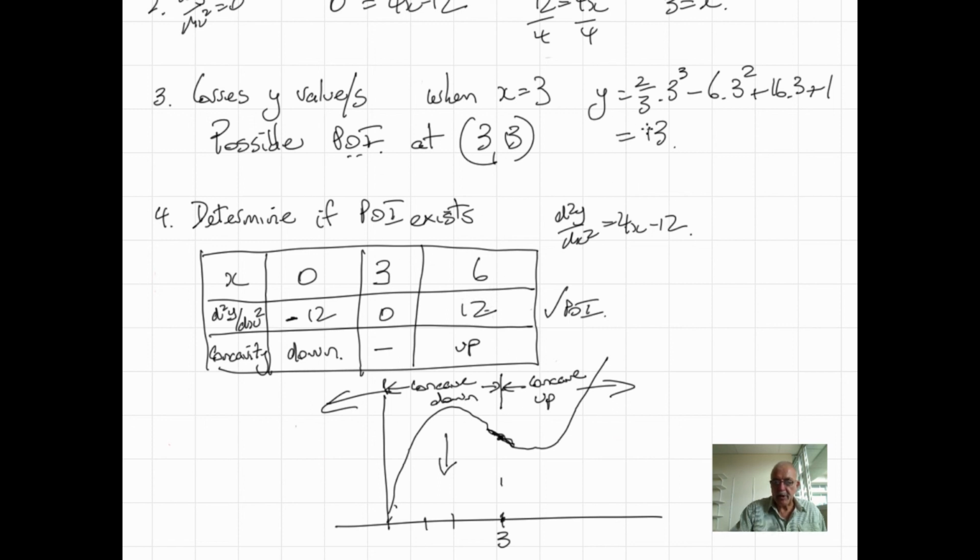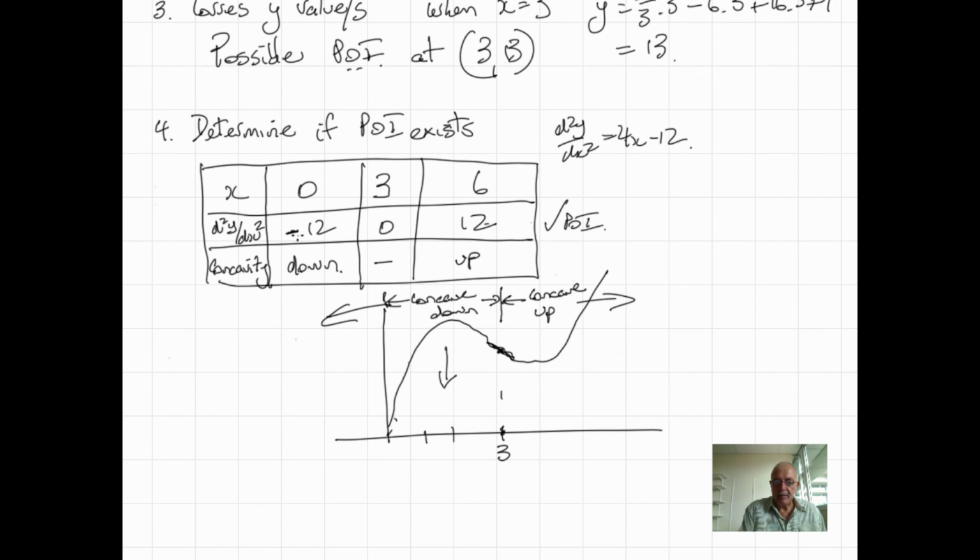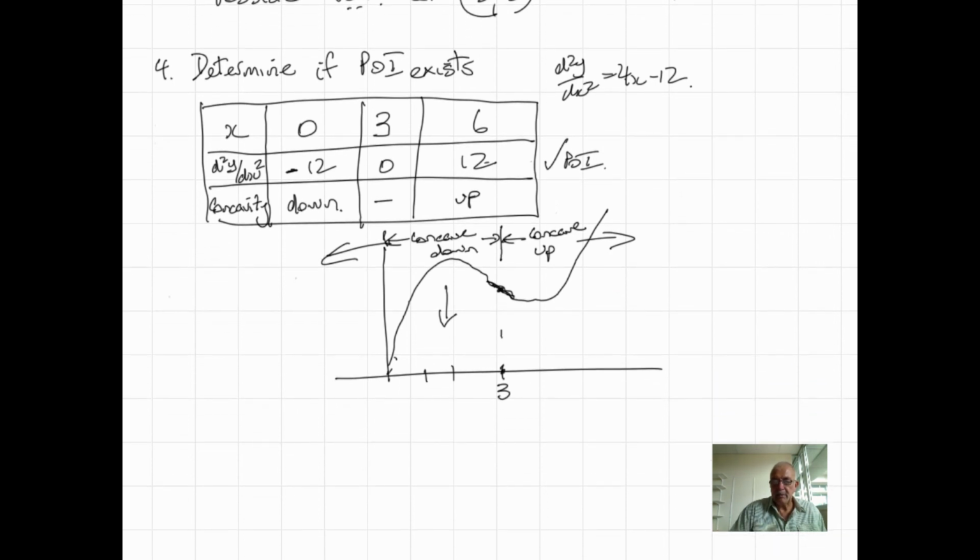In this case, because we've only got one possible POI, I went a little bit further away. I went 3 units either side. You could have gone 5 units, you could have gone 1 unit, you could have gone 2 and 4. It really would not matter in this case. And if the sign of the second derivative changes, that means the concavity changes, and that is a test for a POI. So we finish by just doing a quick little sketch.